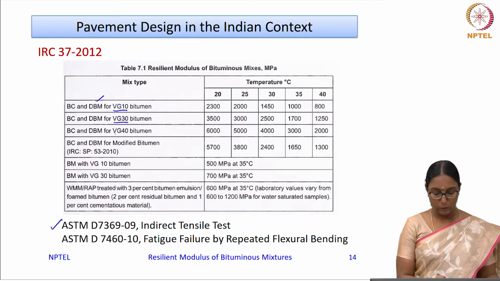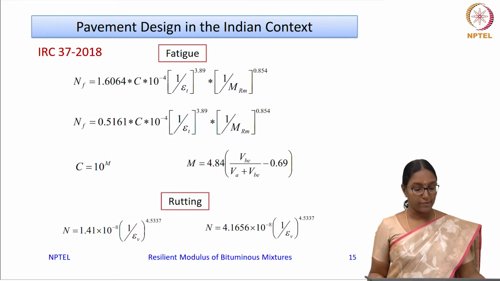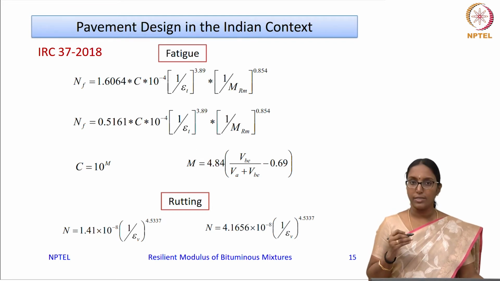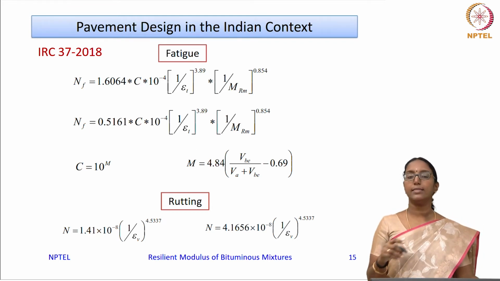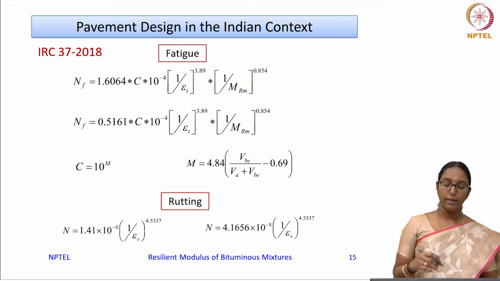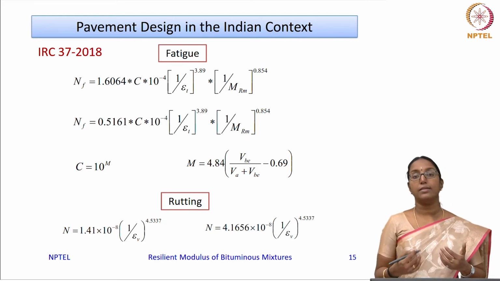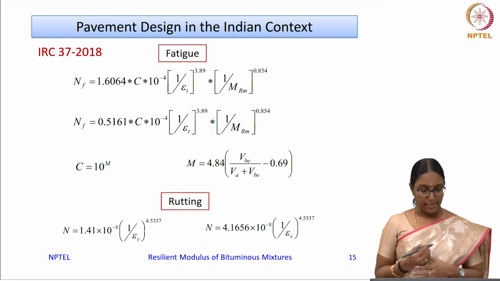So, these are the values that are given in IRC 37 2012 for different types of mixes and for different types of binders. Now, coming to the latest edition of IRC 37, which is IRC 37 2018, a similar approach is adopted here also. The layers are analyzed as linear elastic layers, and then the rutting and fatigue transfer functions, or the distress transfer functions, are derived based on the MORTH data itself.